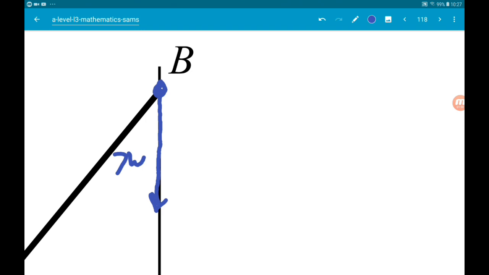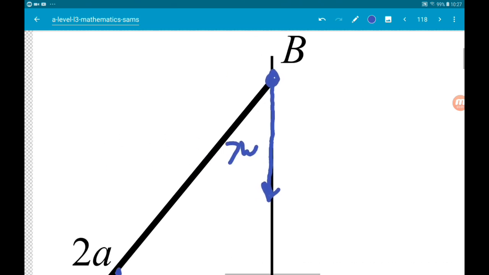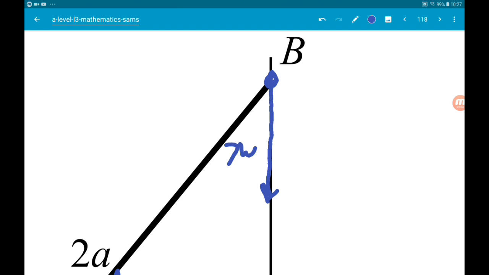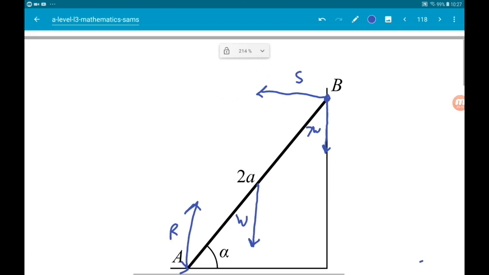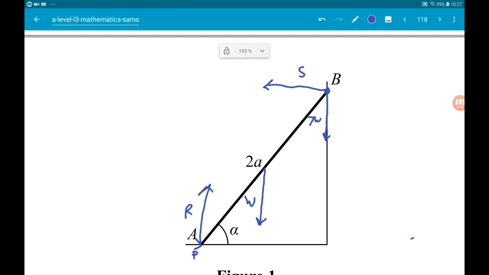Now we also know there is a reaction with the wall, so that acts perpendicular to the wall, and we're going to call that S. Now, what can we do with everything we know? Well, we can work out some moments. We know the ladder is in equilibrium, so the moments are in equilibrium.